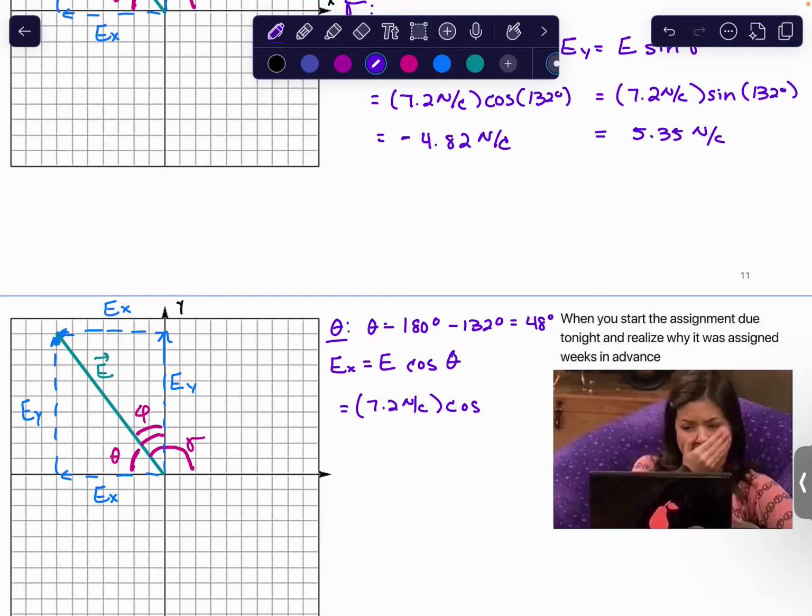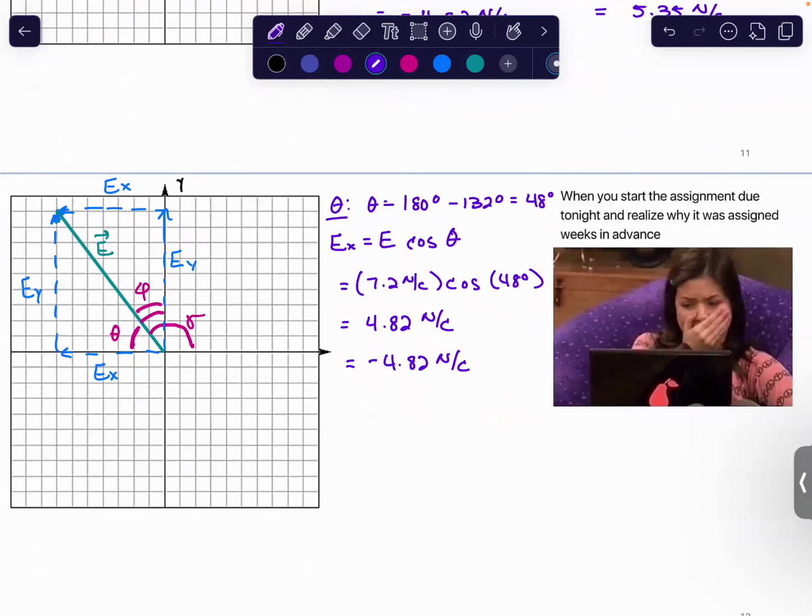So another way I did it, I put the 48 in. When you calculate this, newtons per coulomb. However, I see that the vector points that way. It has to be a negative component.